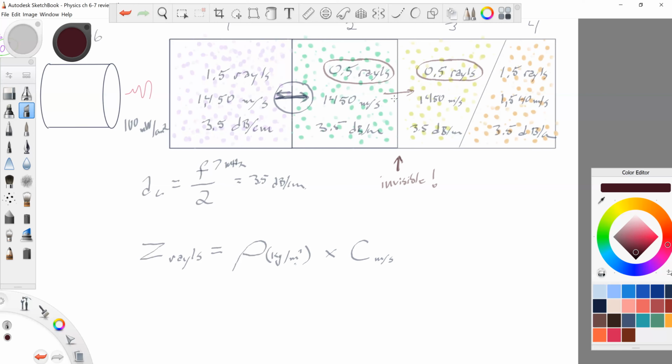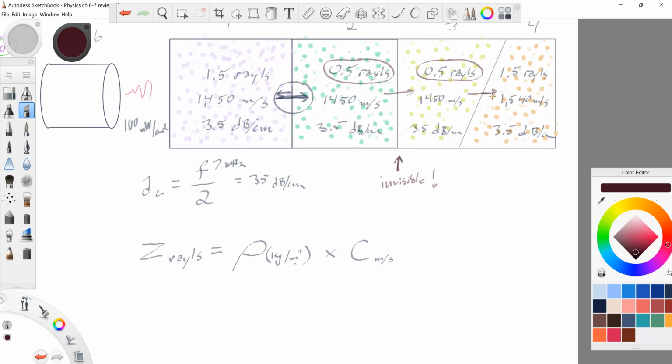7, what type of incidence is there between 3 and 4? Oblique, yes. See, right here is an oblique angle. What happens at the boundary between 3 and 4?